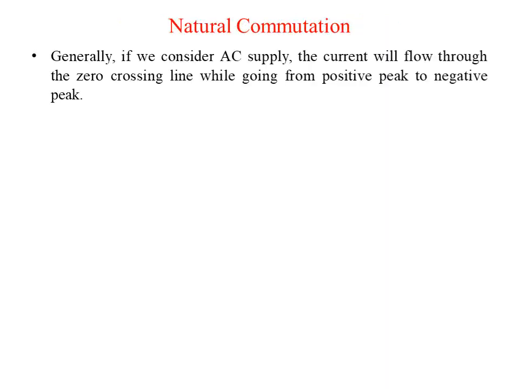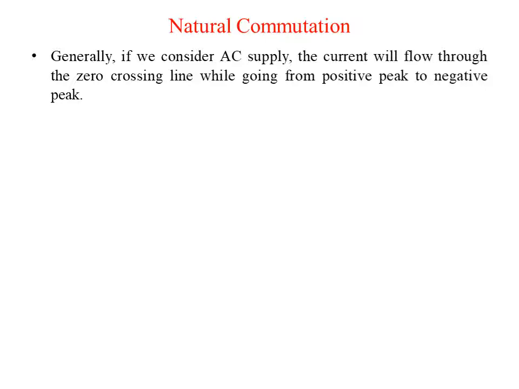Natural commutation. Generally, if we consider an AC supply, the current will flow through the zero crossing line while going from the positive peak to the negative peak. If you consider any AC quantity, whether voltage or current, it has a natural zero crossing point.